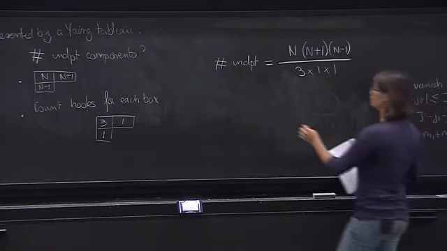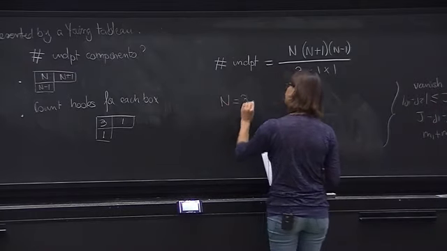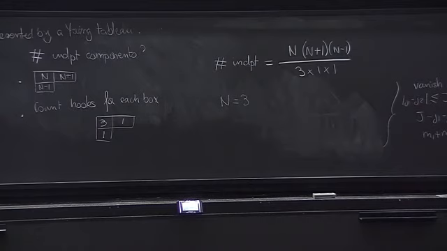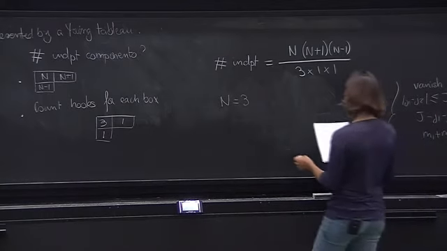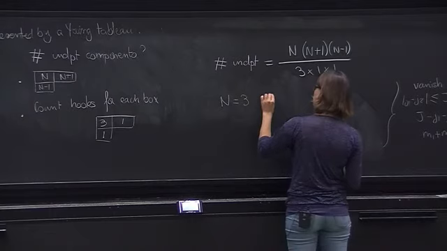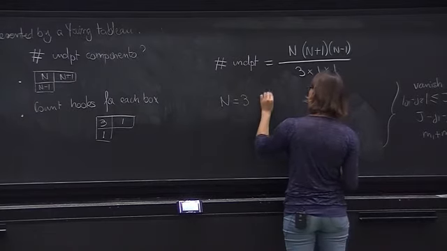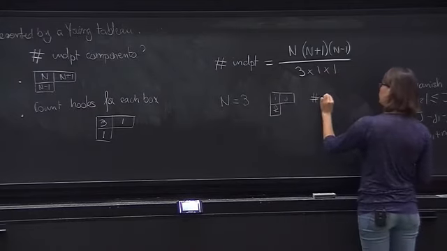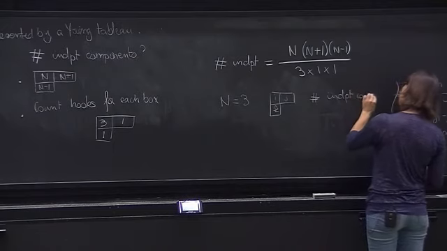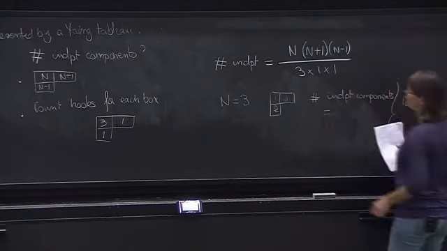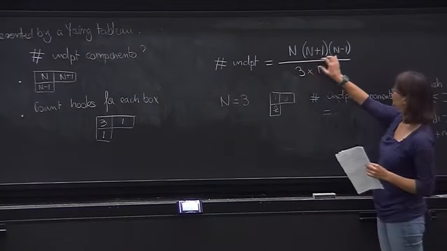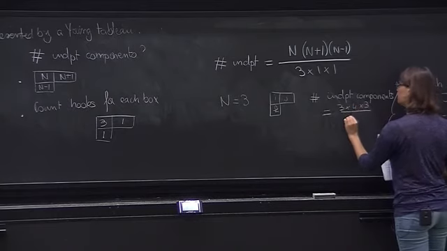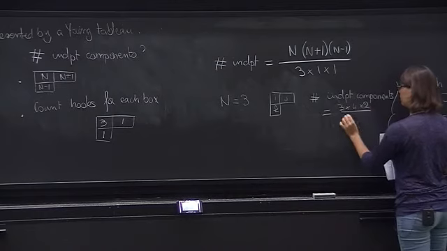You can check that when n is equal to 3, for this specific tensor, we get 3 times 4 times 2 divided by 3, so at the end we get 8.